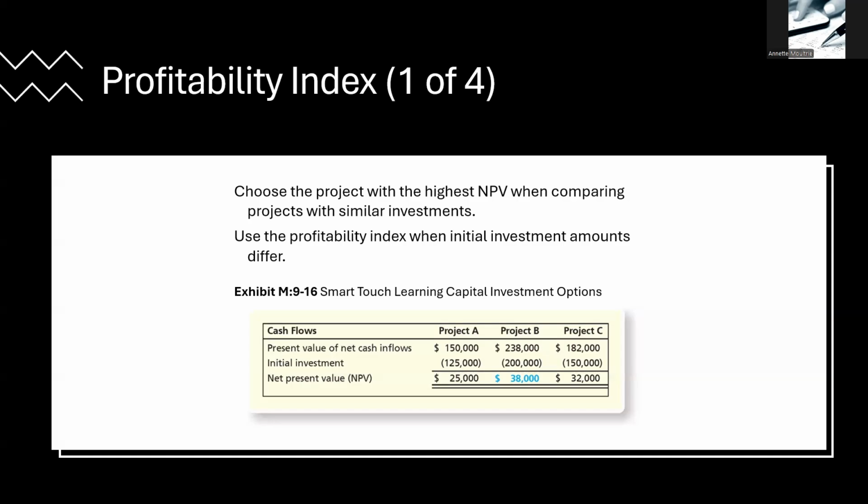However, when you have to make a decision which project Smart Touch Learning should invest in, which one would you choose? By looking at the screen, you would choose project B because it has the highest NPV, which is $38,000 compared to project A at $25,000 and project C at $32,000. So project B would be the best choice.